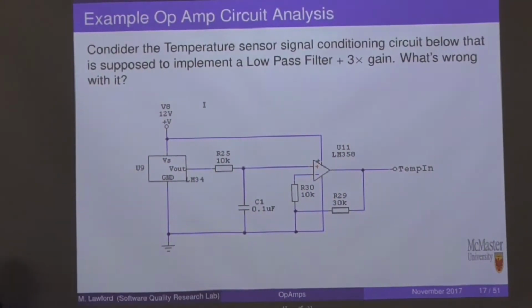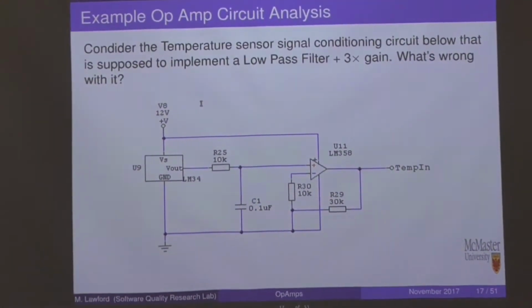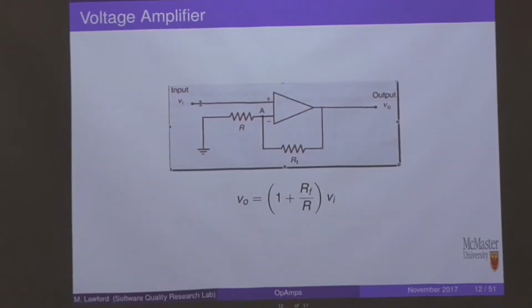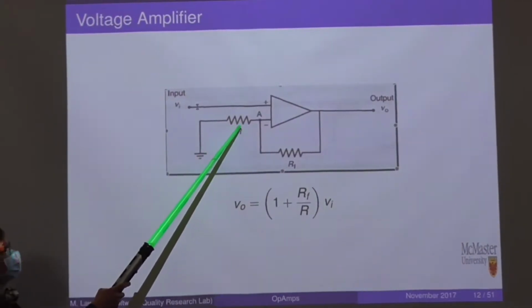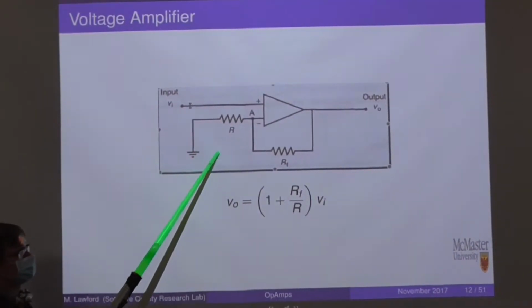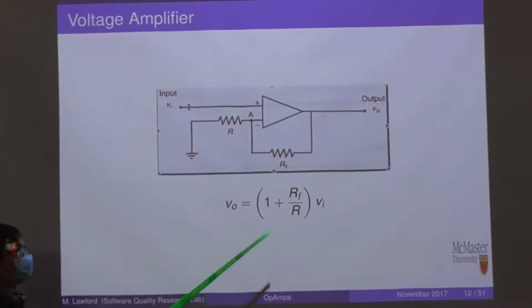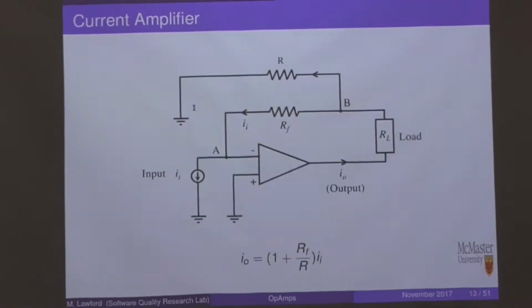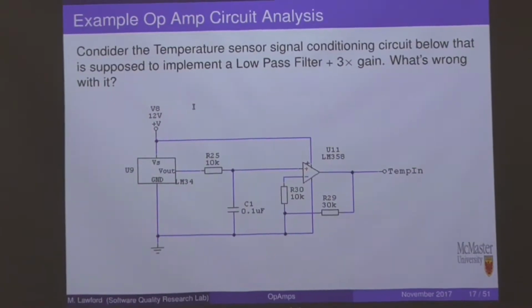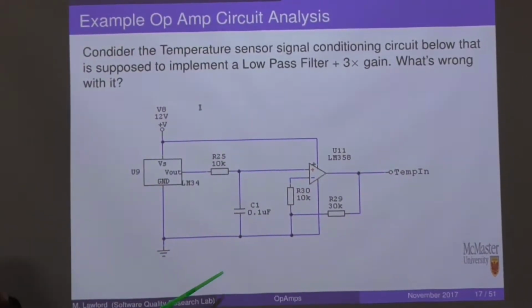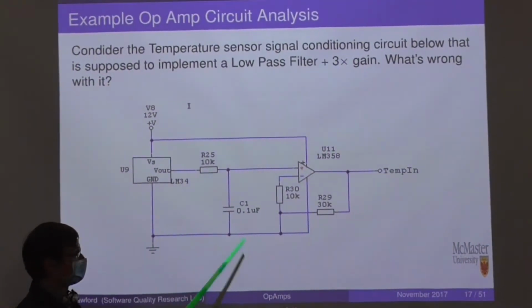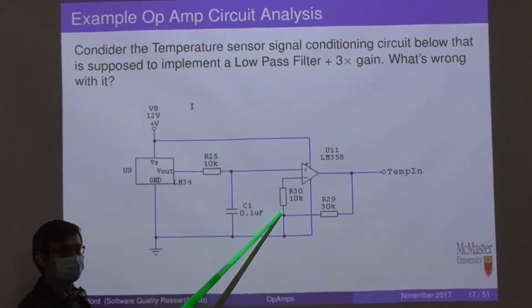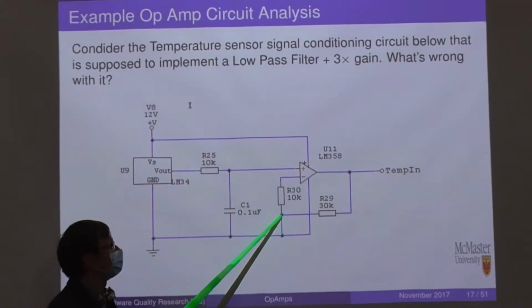Yeah, so if you compare to our voltage amplification circuit, notice that the resistor needs to be between ground and the amplifier, right? In this particular circuit, the fact that this has been wired incorrectly means all the way up to here we have a grounded voltage state.